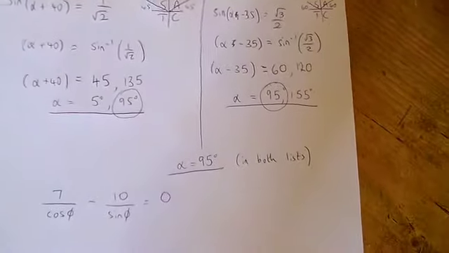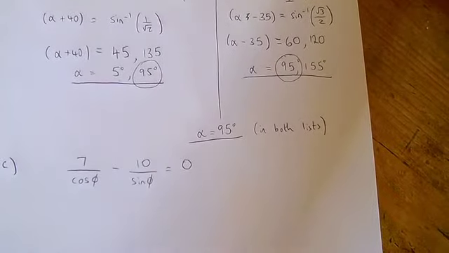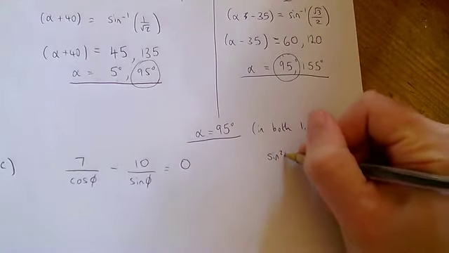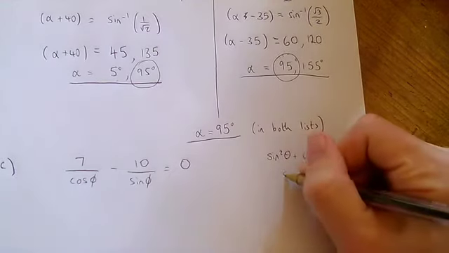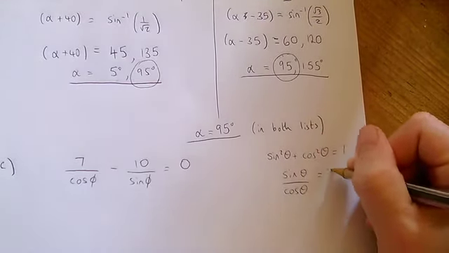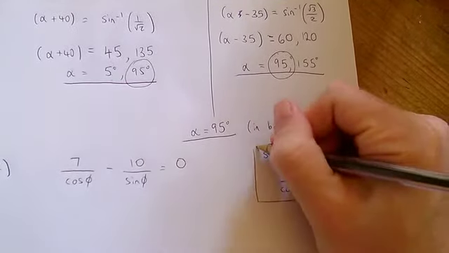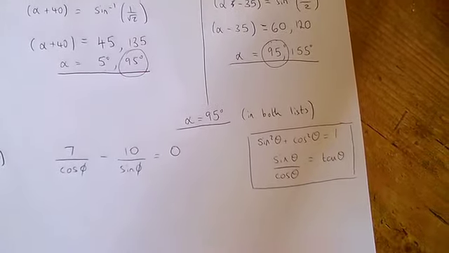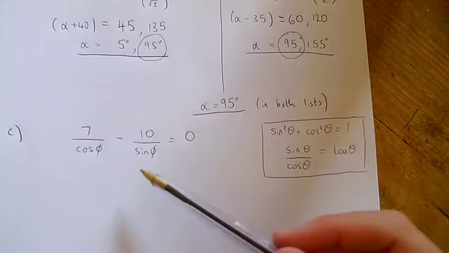Now, what we should have got from this, in C2, the only things we use are sine squared theta plus cos squared theta is equal to 1, and then sine theta over cos theta is equal to tan theta. You will have used the first one in part A. I'm not bothering doing a video on part A because it was done so well. If you're stuck, you need to go and find me in your own time.